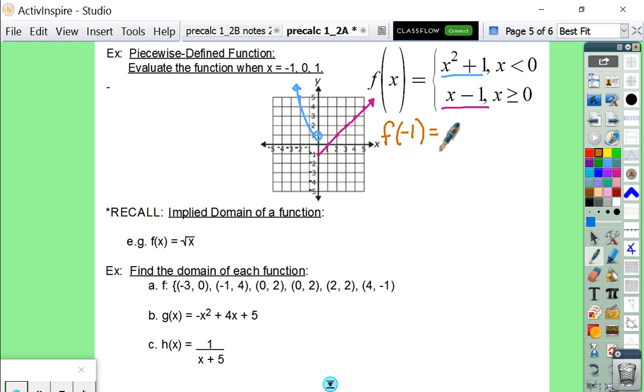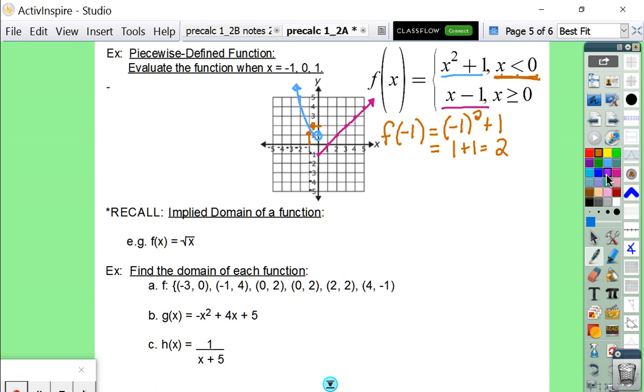Well, what is my value when x is negative 1? Well, it's this piece of the graph because negative 1 is only graphed on the blue graph. And when I look here, that makes sense because negative 1 is less than 0. So that means that algebraically, I'm plugging in negative 1 into the top equation, not the bottom. And so this gives me 1 plus 1, which is 2. Does that match my point? Yeah. At negative 1, my y value is 2.